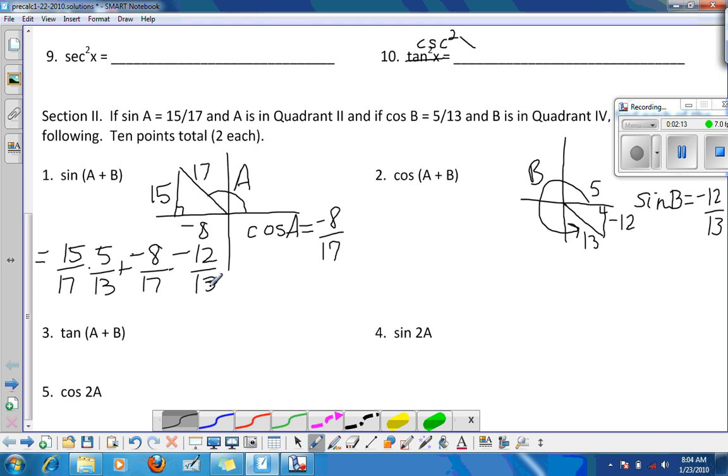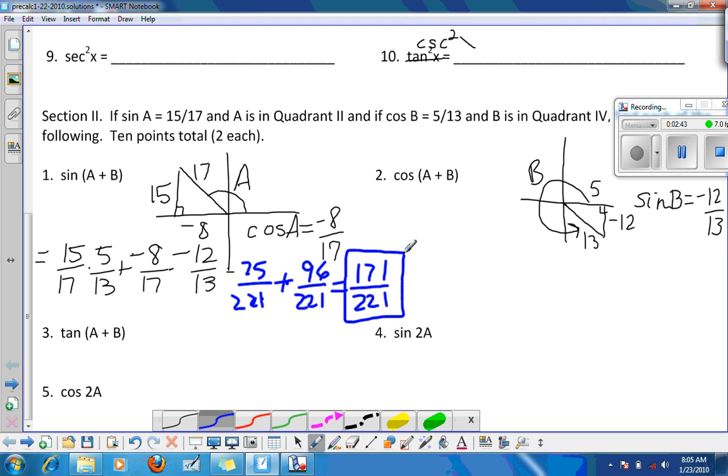What's your signs when you go to simplify this? You've got 75 over 221 plus 96 over 221. And that simplifies to be 171 over 221. So there's our answer for number 1 in section 2.